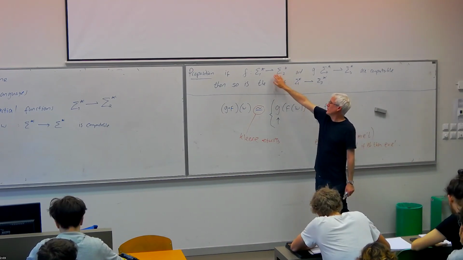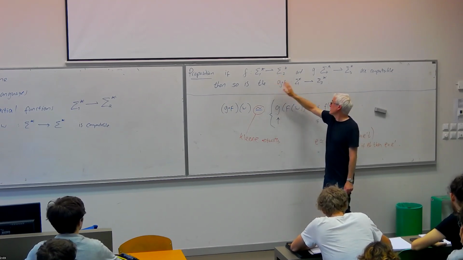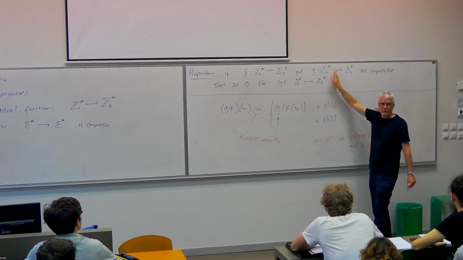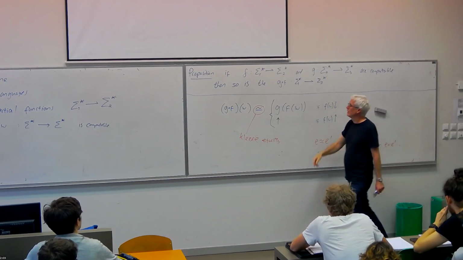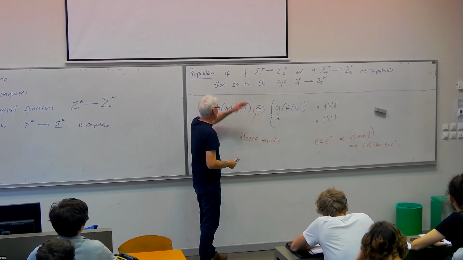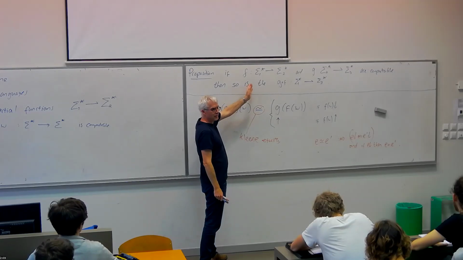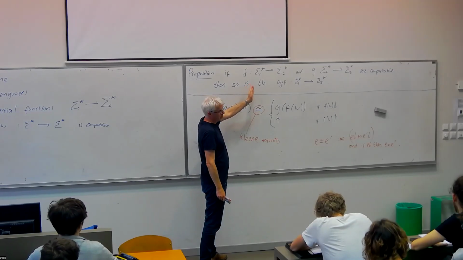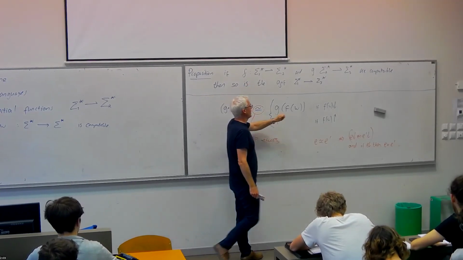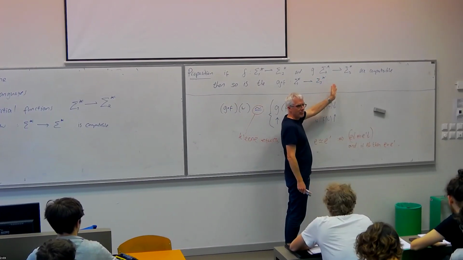Well, this being computable means we have a Turing machine that computes f, and this being computable means we have another Turing machine that computes g. And all we do, to compute the composite, is take our input word, first run the Turing machine that computes f, then if we get to a halt state, we then run the Turing machine that computes g, and if we get to a halt state, we're done.